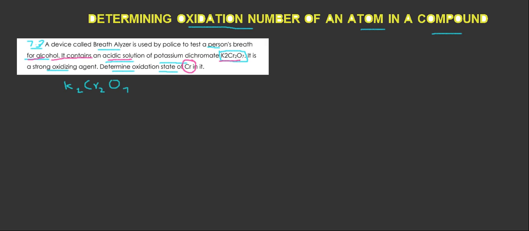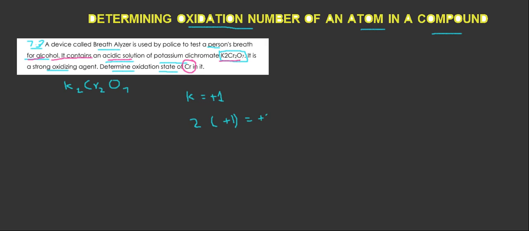The oxidation number of potassium is +1 because it belongs to group 1A of the periodic table. Since there are 2 potassium atoms, the overall oxidation number will be 2 multiplied by +1, which gives +2.